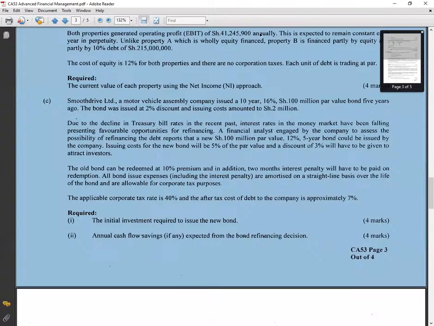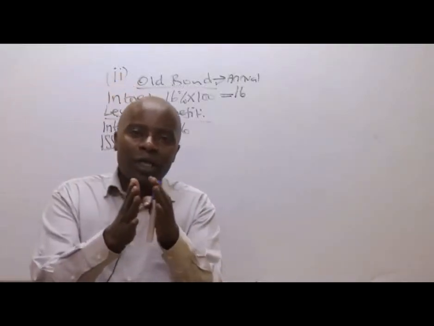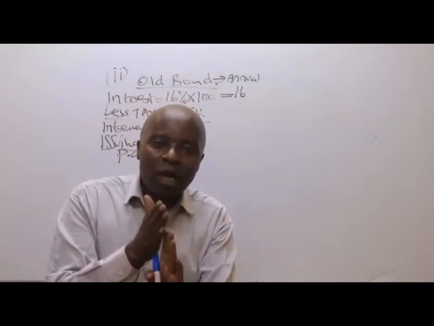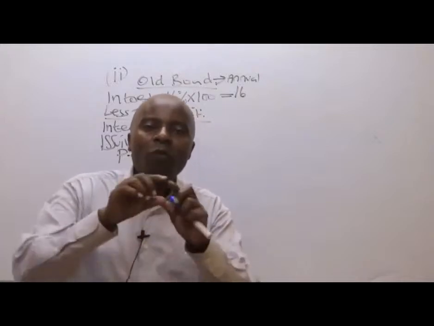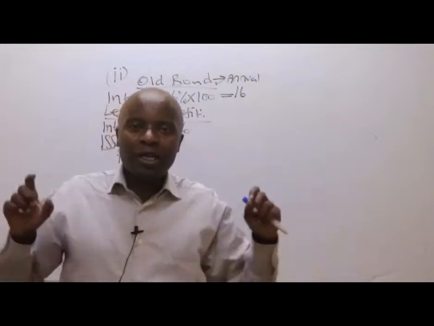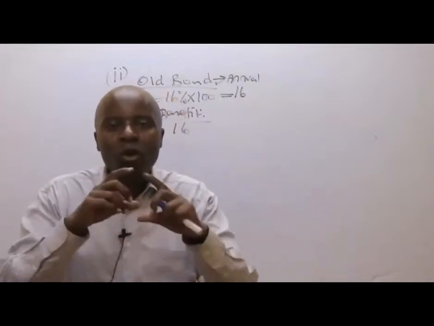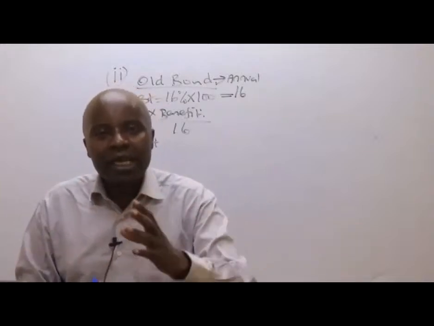Now, ladies and gentlemen, listen to me very well. The 2 million issuing costs and the discounting costs are amortized evenly over the useful life of the bond. So the 2 million is supposed to be spread over the useful life, which is 10 years.